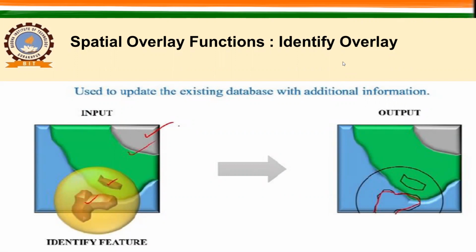Maybe from this classified map, you found that only these two classes are extra. In that case, you will run this identify overlap, and you will find that all the additional feature boundaries come onto this particular input map image. So this can be done by using the identify function.